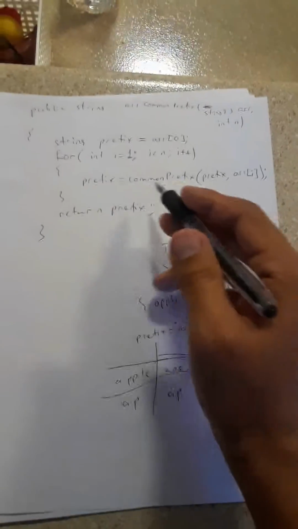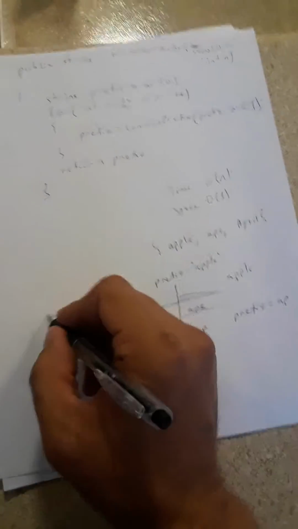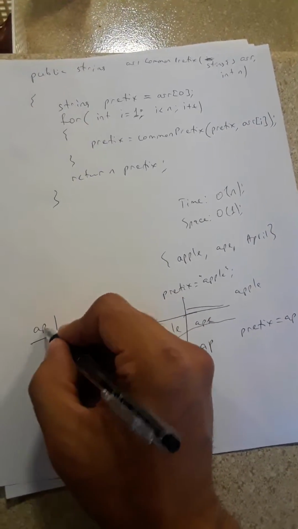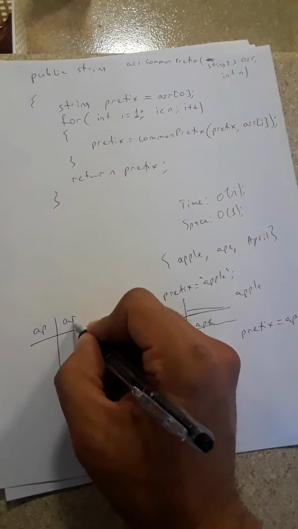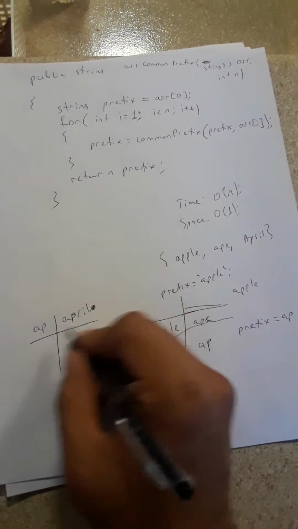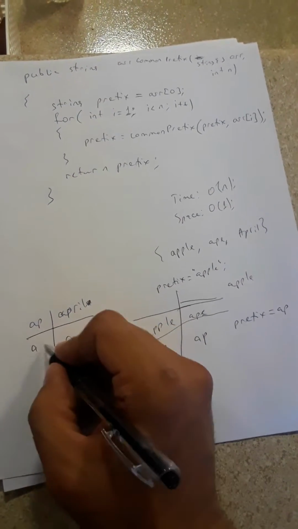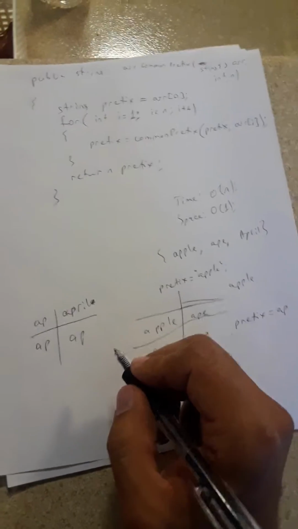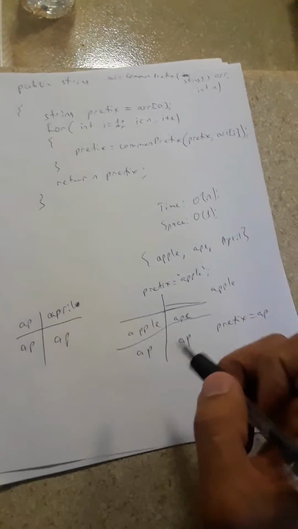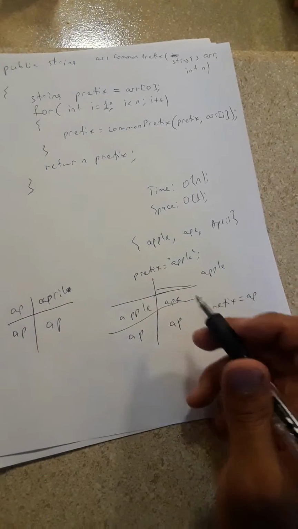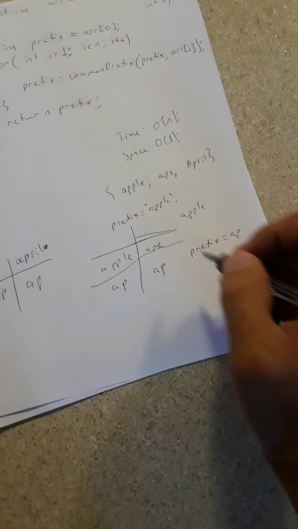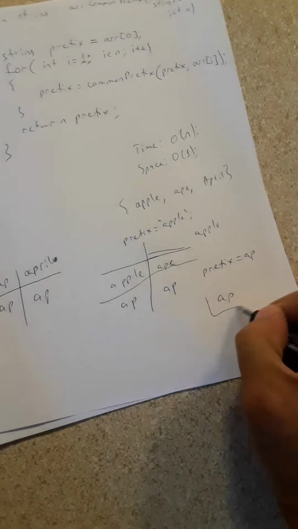That's why we return prefix equal to AP. Then we compare our AP with April, of course with lowercase, and here A is also common first, then the next letter P is also common. Then after that we reach the end of our prefix, and that's why we return AP. So yeah, our function works.